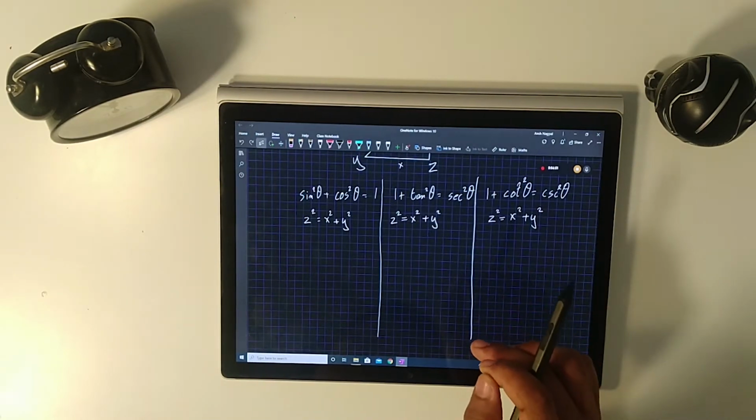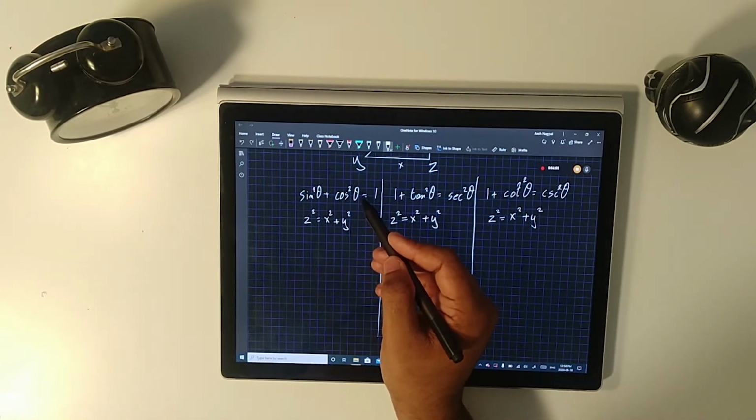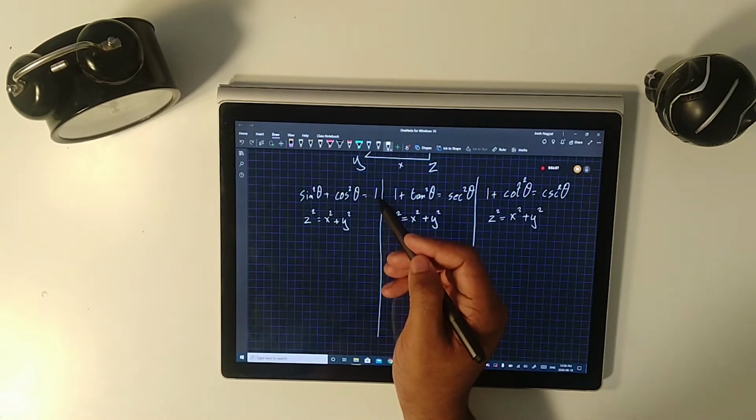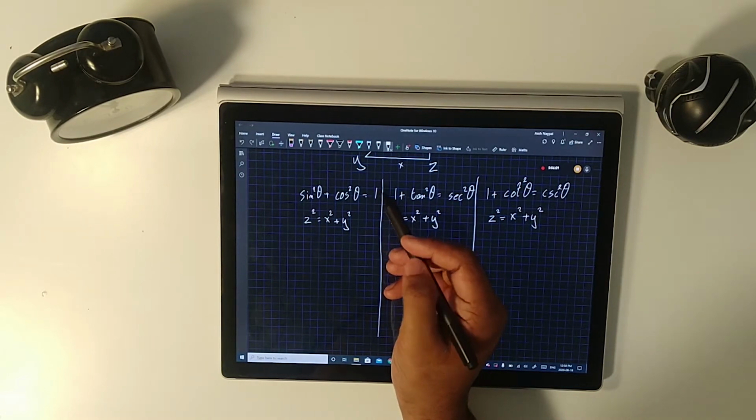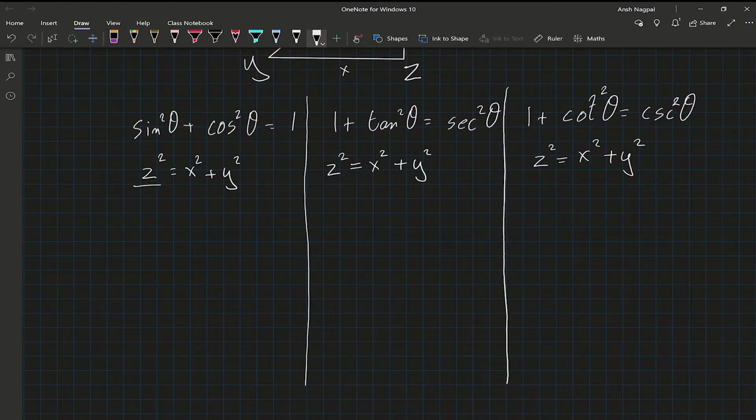And what we are going to do right now, for the equation where sine square theta plus cos square theta equals 1, is divide by z square on both sides of the equation. So if I divide by z square on both sides, I'll have z square over z square, x square over z square, and y square over z square.